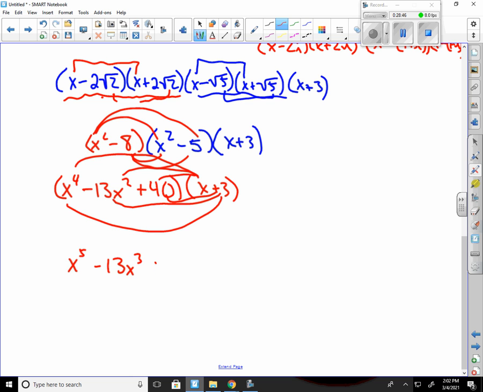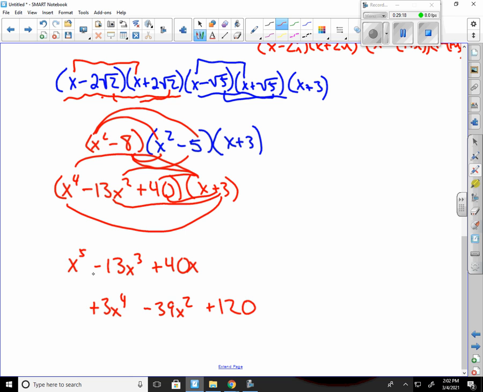X times 40 is 40x. Then I multiply the 3 by x to the 4th, so plus 3x to the 4th, and minus 39x squared. And then plus 120.